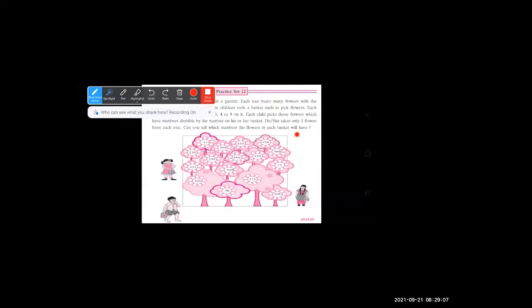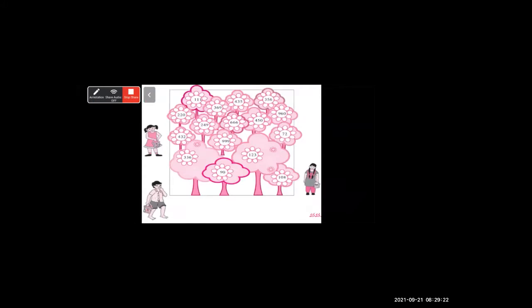The numbers on the flowers are given, and you're supposed to find whether each is divisible by 3, 4 or 9. If it is divisible by 3, then you're going to put it in this basket. Okay, you're going to write the number over here. So we'll take some examples for this. For example, if I take the flower that is having the number 111.